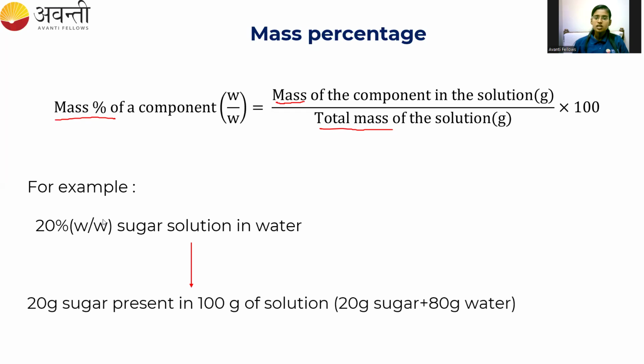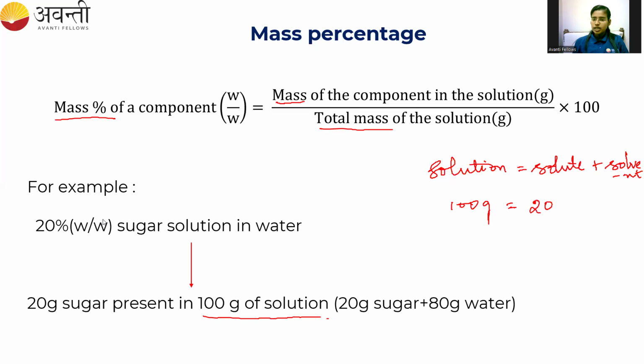Solution is equal to solute plus solvent. So 100 gram is the mass of the solution, in which 20 gram is the mass of the solute and the remaining is the mass of the solvent. Is this clear for all of you? So this is the meaning of a 20% sugar solution in water.